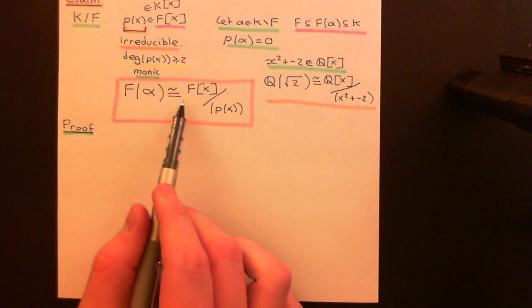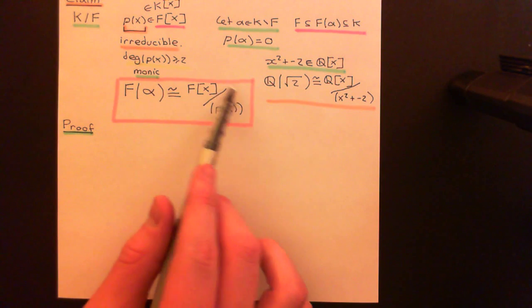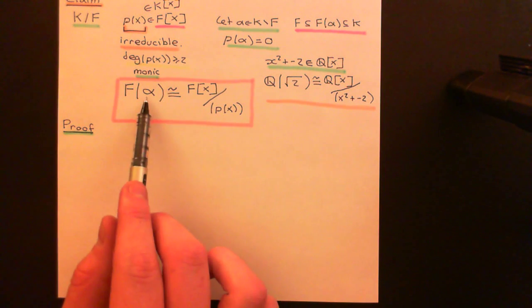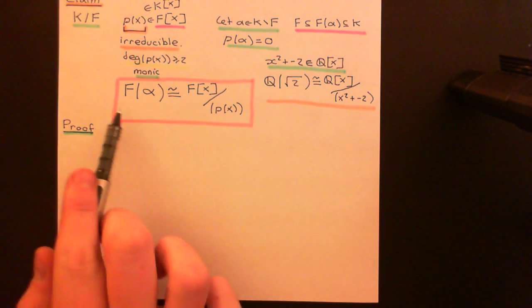So what we'd like is to have an isomorphism between these two, and I'm actually going to find a function from here to here which I claim is going to be an isomorphism. So how am I going to construct this isomorphism? Well, what I'm going to start off with is a related ring homomorphism, and I'm going to use that related ring homomorphism to construct the isomorphism from here to here.